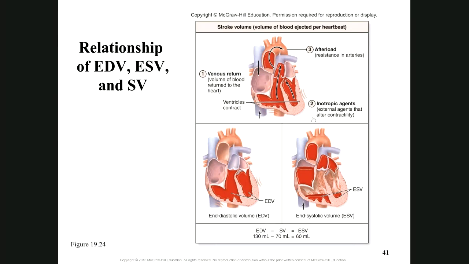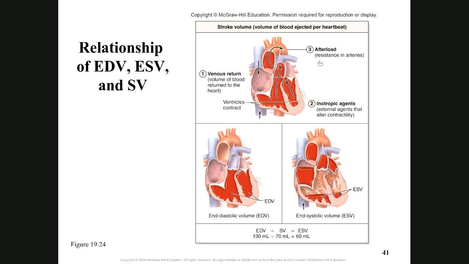Inotropic agents are agents which can make more contraction in our heart. So when we have inotropic agents, we have more contraction of the ventricle and the stroke volume increases. And the other one is the afterload, the resistance in the arteries which pushes our ventricles to make more pressure on the blood. So when all of them increase, then our stroke volume goes up.